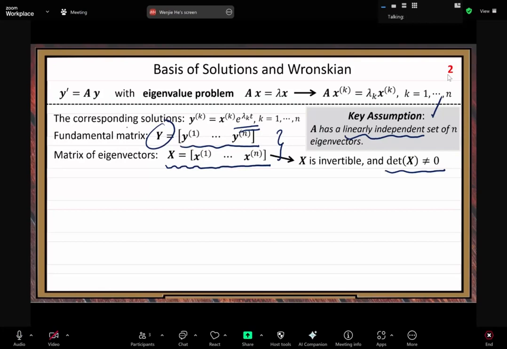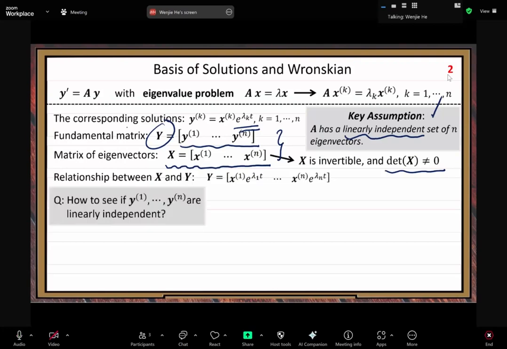Let's continue. The relationship between X and Y. The only different part is the exponential functions, with the eigenvalues.